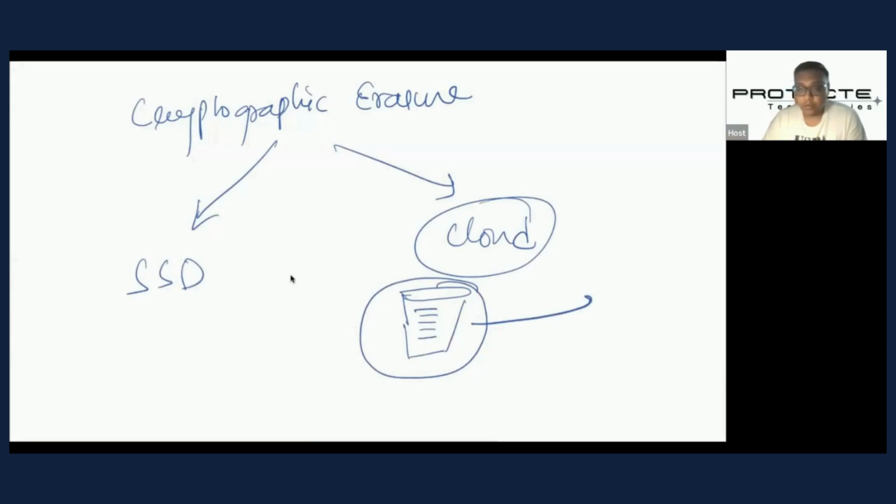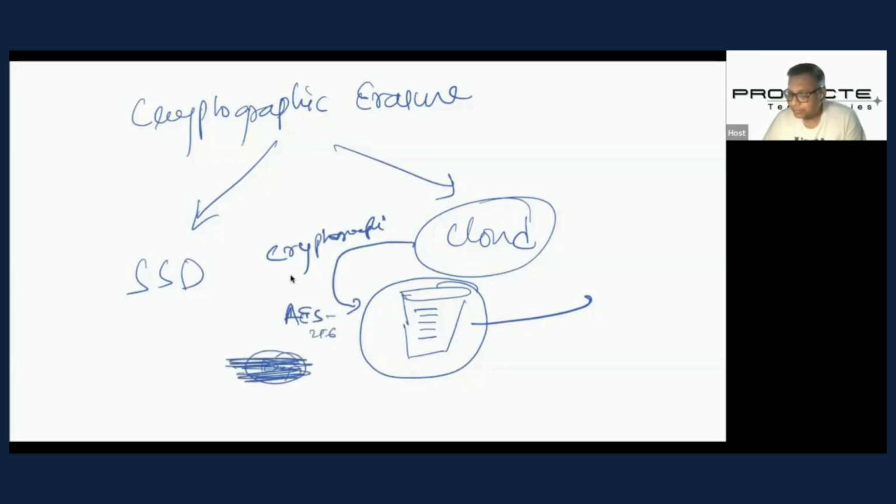So a good way of getting remnants of this data out from the cloud is using cryptographic erasure. What is cryptographic erasure? You encrypt using some kind of encryption protocol, say AES 256, and you take the key and you shred this key.